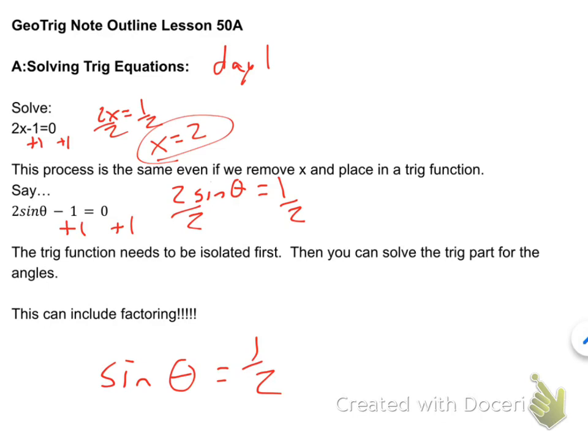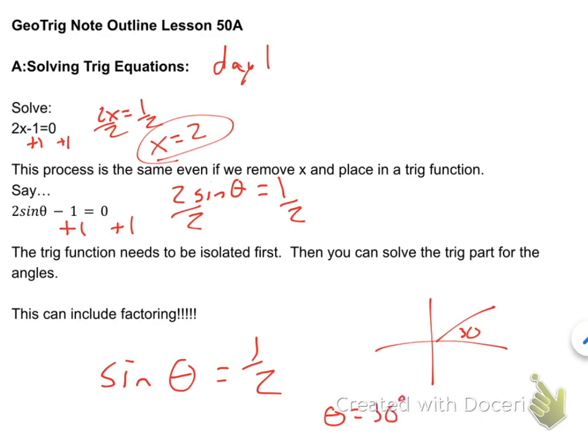I know that if I take the sine of 30, I will get 1/2, or pi over 6. It matters if we're in radians or if we're in degrees. So your eyes would hopefully make this little graph and say, hey, wait a minute, 30 degrees. Theta would equal 30 degrees.